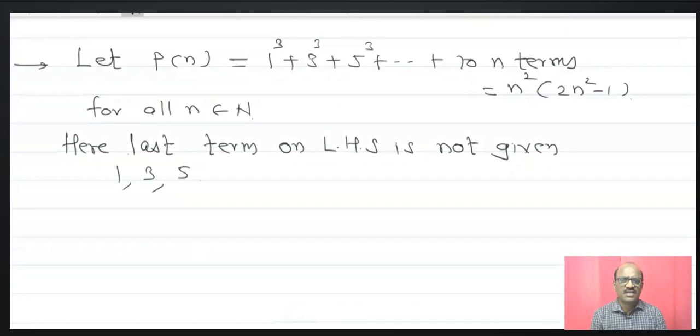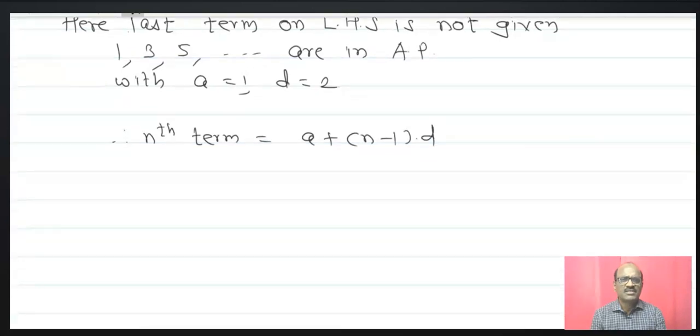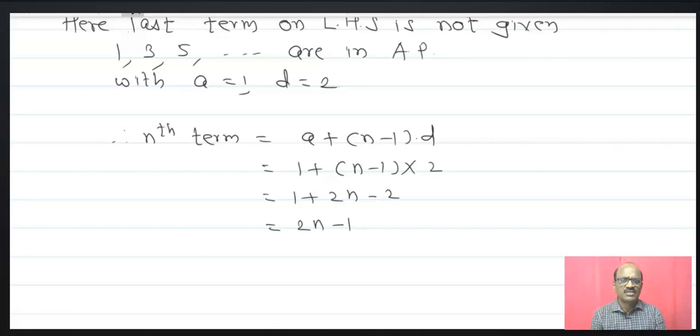Therefore, these are 1, 3, 5 and they are in AP. First term a is 1, common difference d is equal to 2. Therefore, the nth term Tn is equal to a plus (n minus 1) into d. A is 1, n minus 1, d is 2. That is 1 plus 2n minus 2, 2n minus 1.